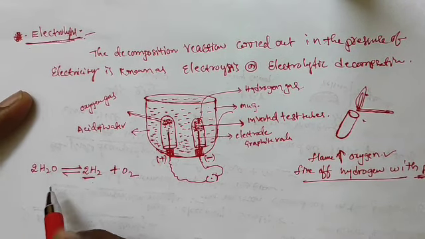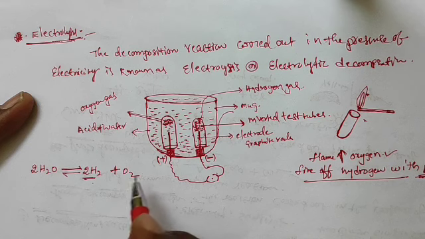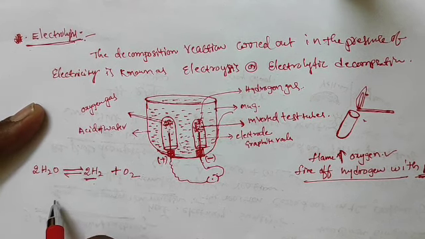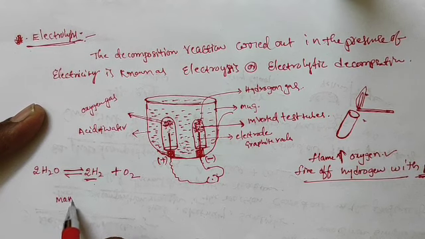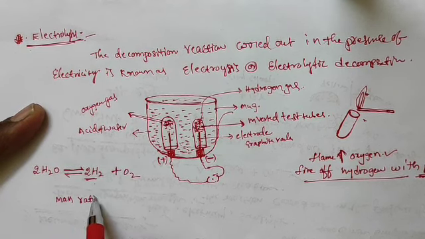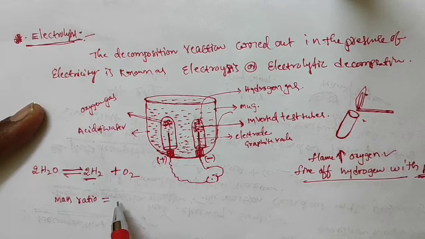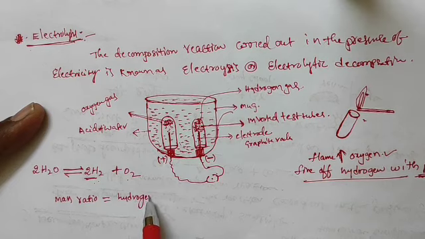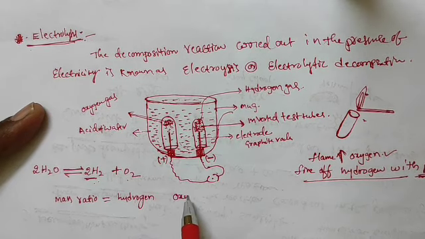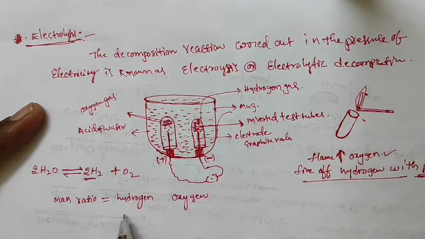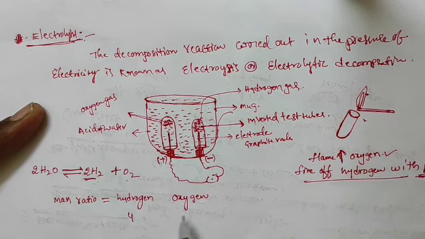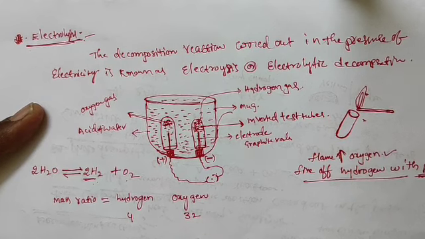Now, in electrolysis of water, what is the ratio of hydrogen and oxygen gas? Mass ratio: hydrogen mass is 4 grams, 2 twos are 4, oxygen mass is 32.